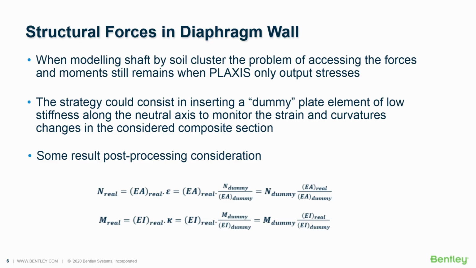I would insert this dummy plate along the neutral axis of the retaining wall, and the only purpose of this dummy plate is to monitor the evolution of the axial strain and change of curvature, which will enable me later on to easily retrieve the structural forces in terms of bending moment and in terms of normal forces.